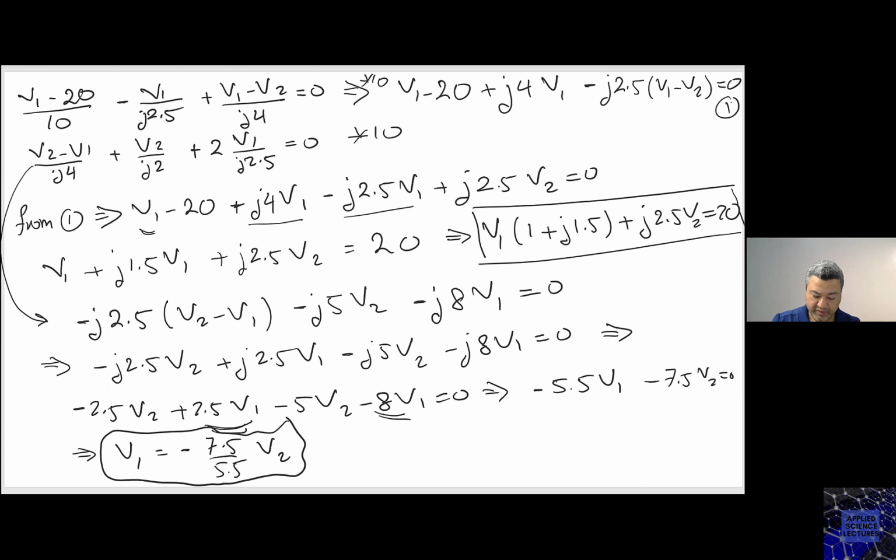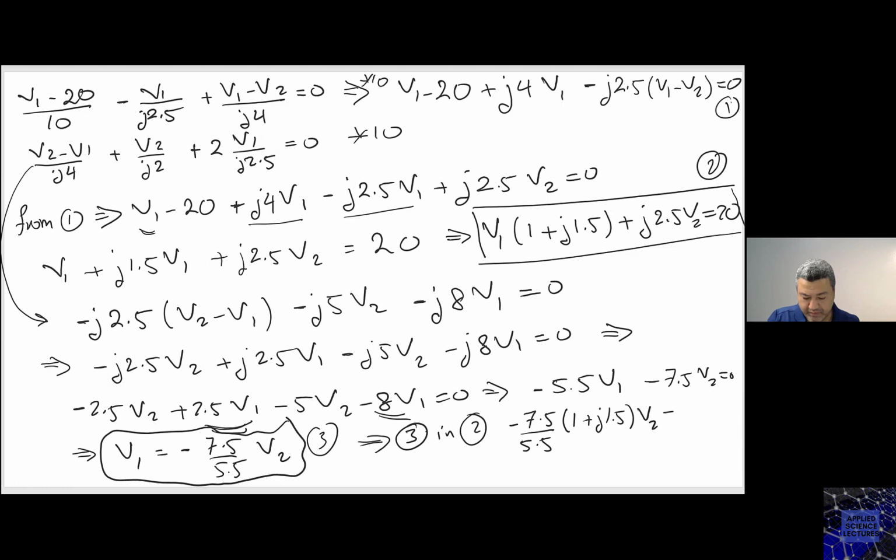If I am to call this one 3 and 2, minus 7.5, can keep it equals 20.